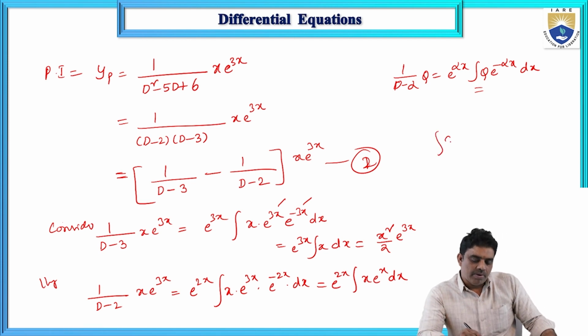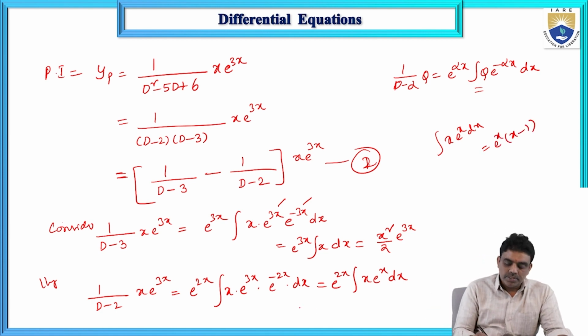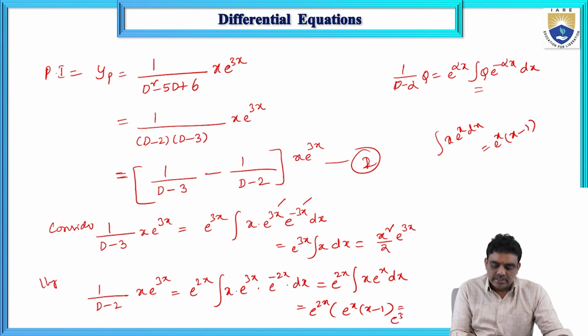But what is the formula for integral x e power x dx? We can write e power x into x minus 1. So I can substitute directly: e power 2x into e power x into x minus 1. That means the final value is e power 3x of x minus 1.